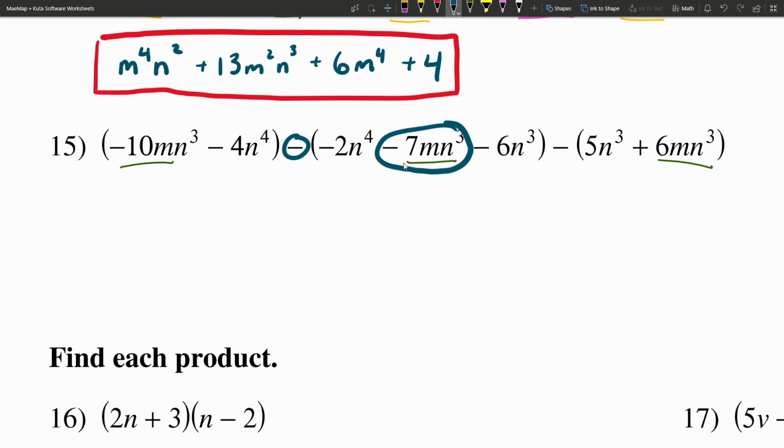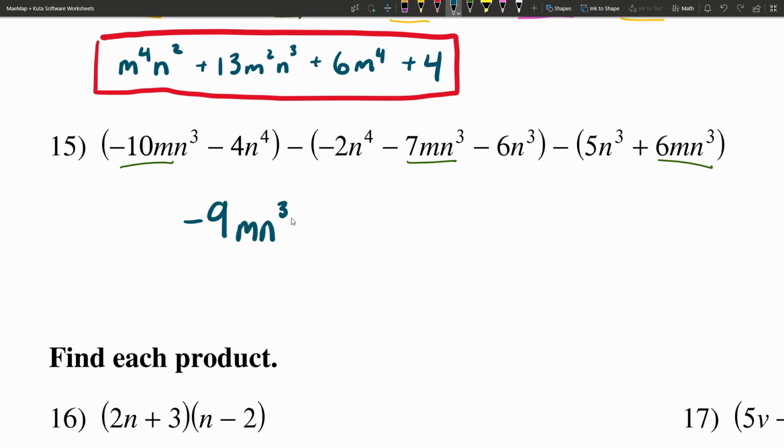So subtracting a negative, that's the same as adding a positive 7 times mn cubed. So adding those together, we're currently at a negative 3 mn cubed. Negative 10 plus 7, negative 3. So negative 3 mn cubed, and then we're subtracting 6 mn cubed. So that's going to be a negative 9 mn cubed.